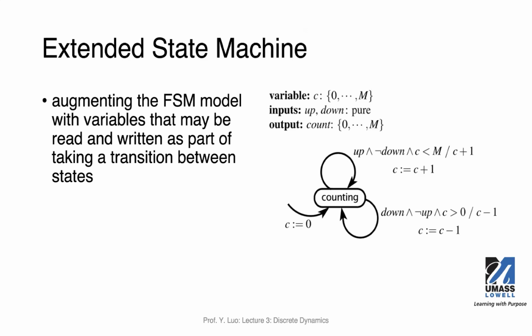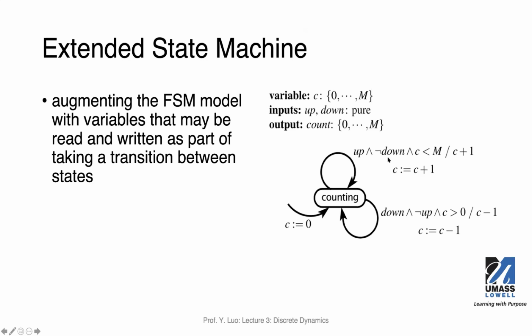And let's look at these transitions. The initial state is counting. So on the first transition, going into the initial state, we initialize this variable C to be 0. And it is a self loop because it goes to itself.